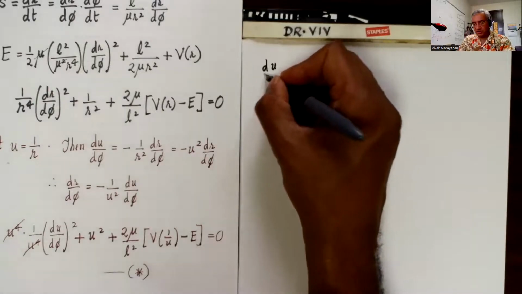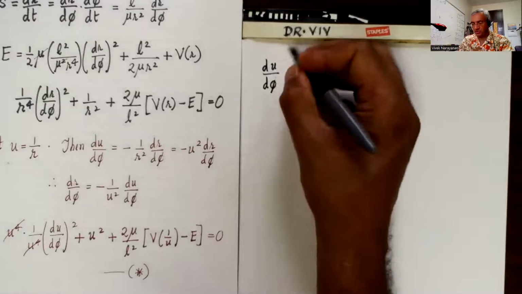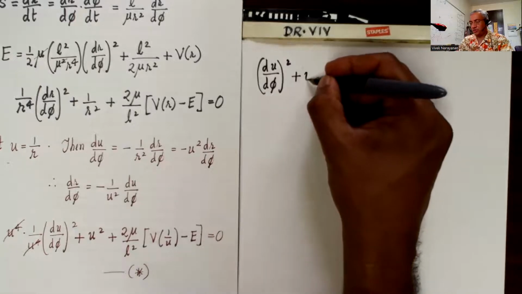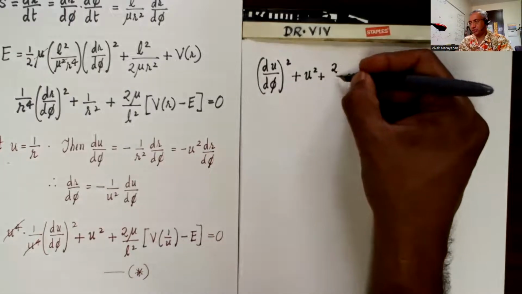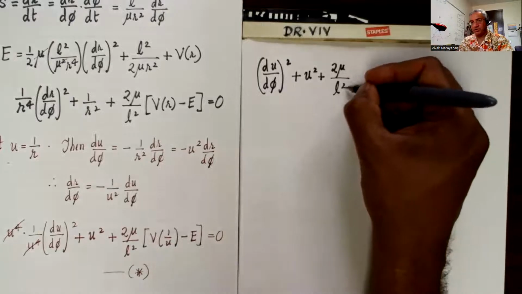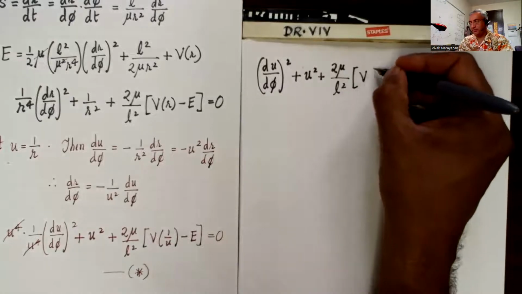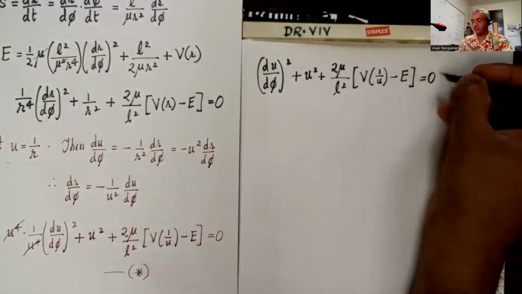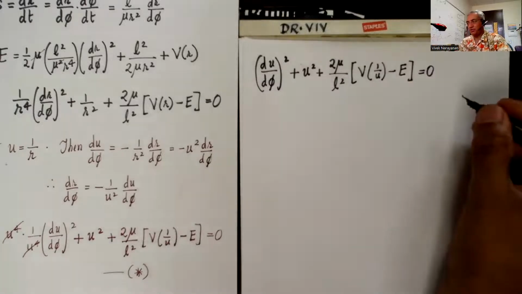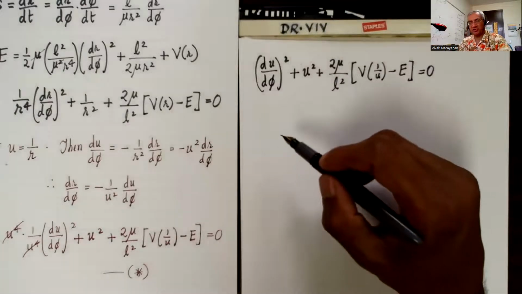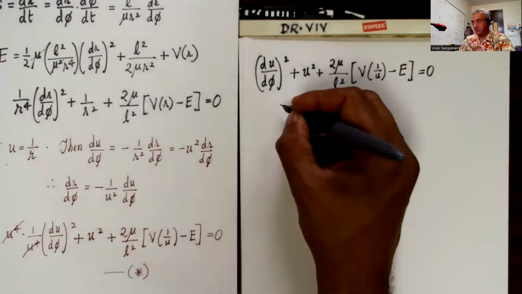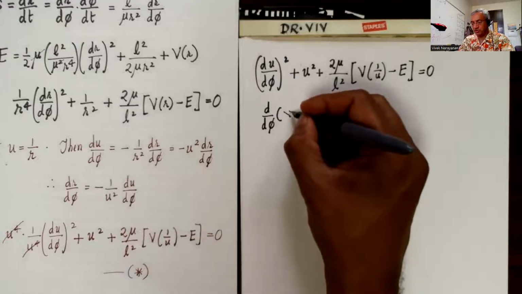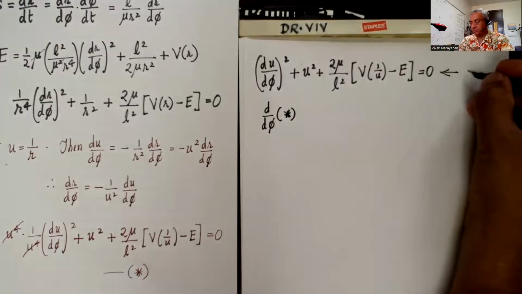Du by d phi, the whole thing squared, plus u squared plus 2 mu over L squared V of 1 over U minus E is equal to 0. What I'm now going to do is take d by d phi of both sides. So I'm going to do d by d phi of equation star.